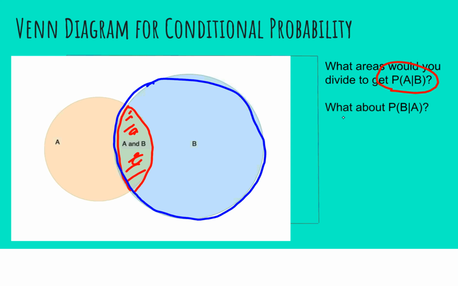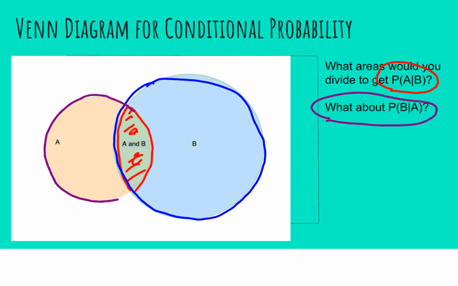But what about this probability? Probability of B given A. Well, that's going to be the probability of A and B, so you're still going to have that red area on top. However, we're going to divide by the probability of A this time because that's what we know happened. That's our condition.